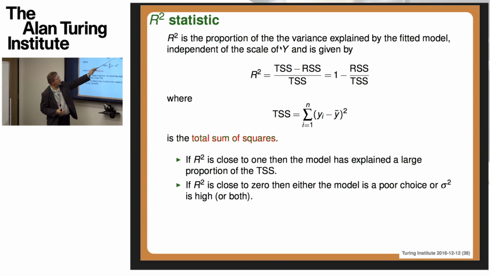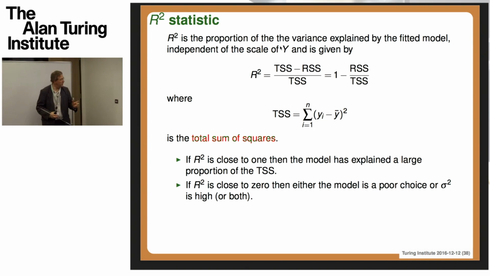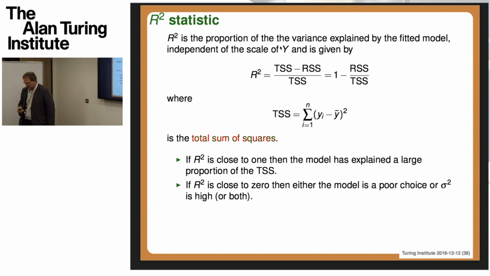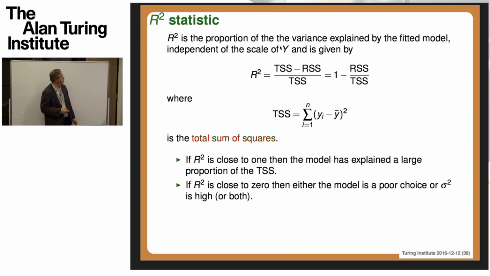The sigma squared is what controls the level of residual sum of squares. So either of those could be true, or both. So it's a bit more subtle to decide what to do if the R squared is close to 0. It's easy to settle on what happens with R squared close to 1.